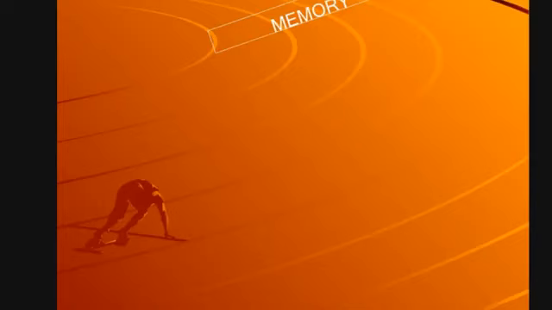Next domain is memory. So learning, perceiving, and learning, these are the most important aspects in these cognitive functions through which we move into further higher complex phenomena of brain processes, right?